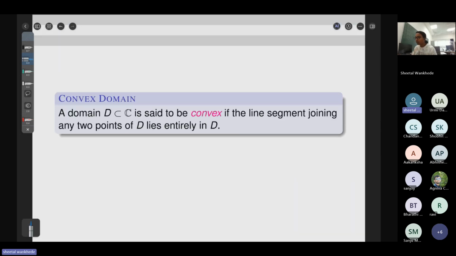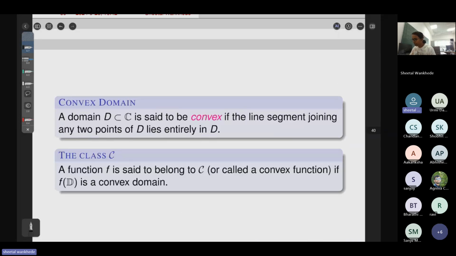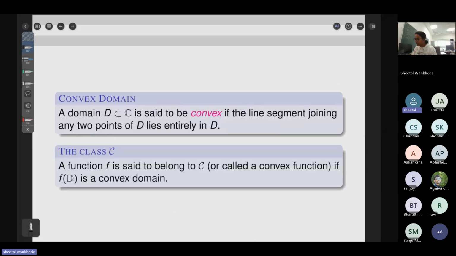Okay, so what is a convex domain? We know that a domain is said to be convex if the line segment joining any two points in D lies entirely in D. Same concept. Now the class C: a function f is said to belong to class C if f of D is a convex domain.